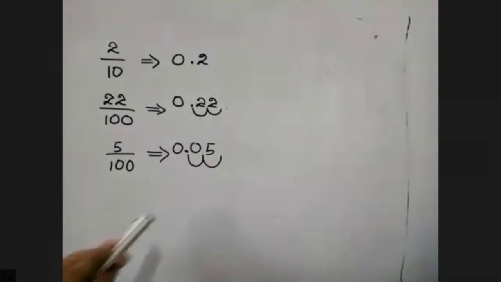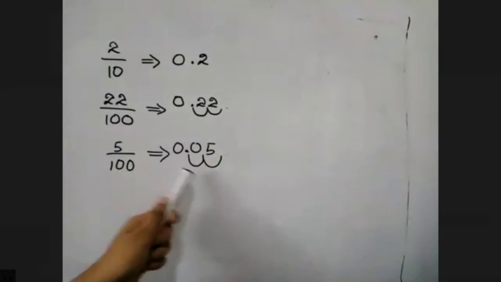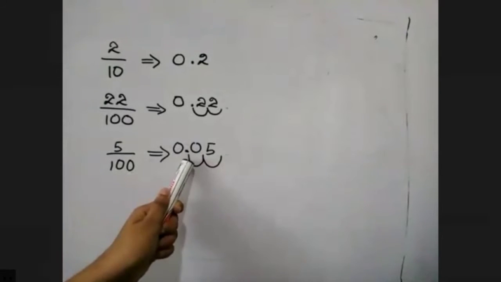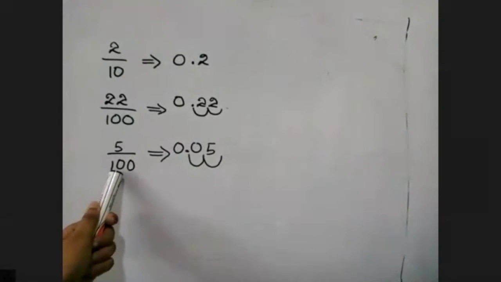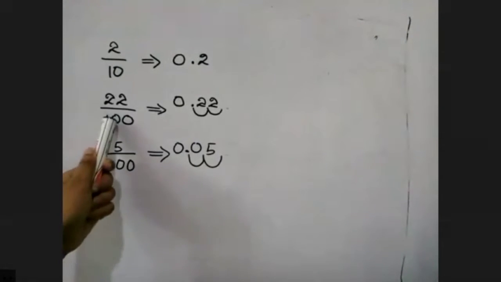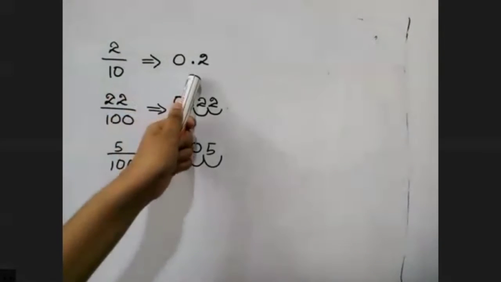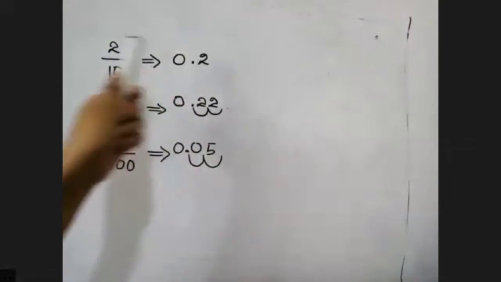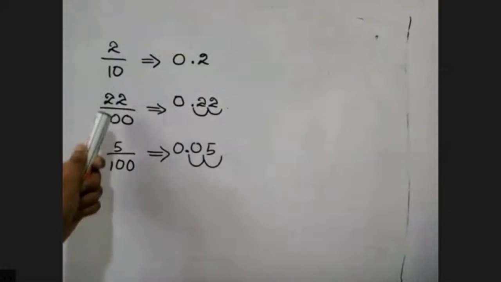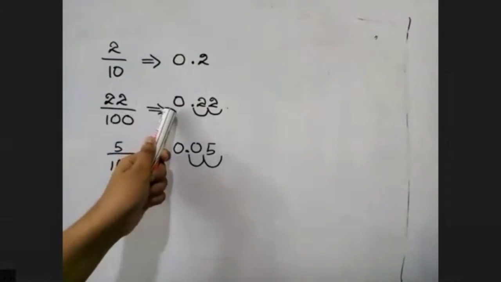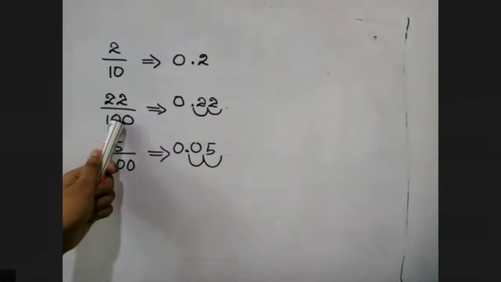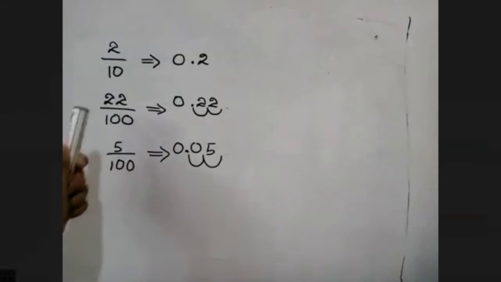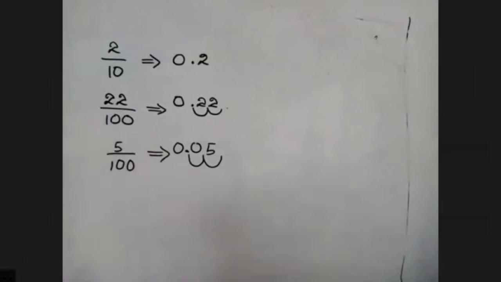My answer will be 0.05, where after the decimal point, you have two numbers because you are dividing by 100. But in the first case, after the decimal point, only one number because you divided by 10. In the second one, after the decimal point, you have two numbers. Reason, you divided by 100. So when you have the denominator 100, decimals are like this.